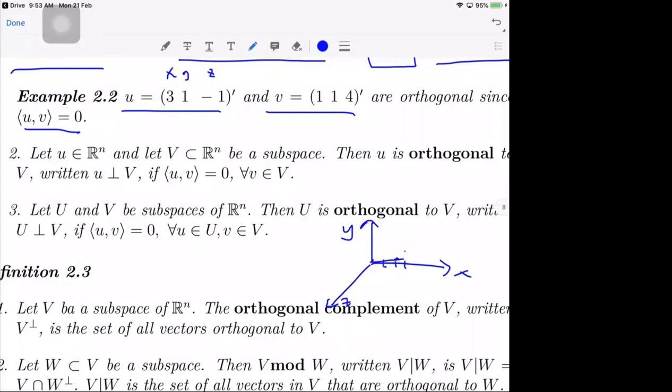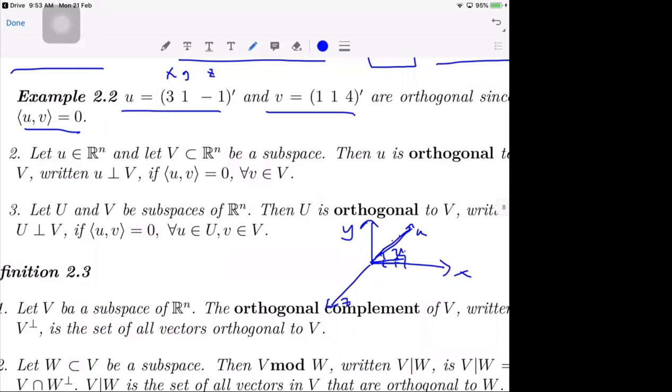This is your vector u, and then 1, 1, and 4, 3, 4, somewhere here. I am not good at drawing, but we expect that these two form a right angle in a 3-dimensional space.